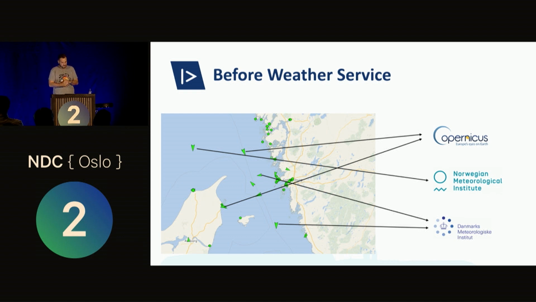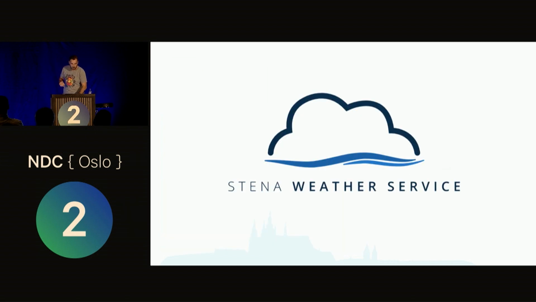There was a big problem with, first of all, I don't know if you've ever been on a vessel on the sea trying to get to your Facebook and Twitter, stuff like that. The satellite connection is not really good, and it's slow and expensive. So the problem was it was missing some kind of central point of intelligence, a central point to really gather the forecast data. So this is where the Stena Weather Service was born.